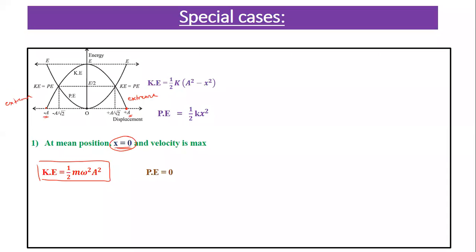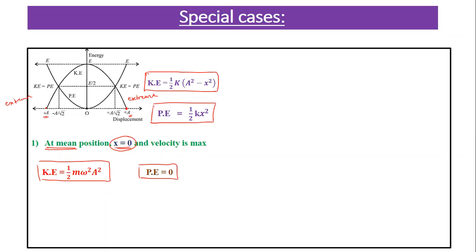In that formula, if we substitute x is equal to 0, we get this kinetic energy. And in the potential energy formula, if we substitute x is equal to 0, we get potential energy 0. Means in simple words, at mean position kinetic energy is this and potential energy is 0.